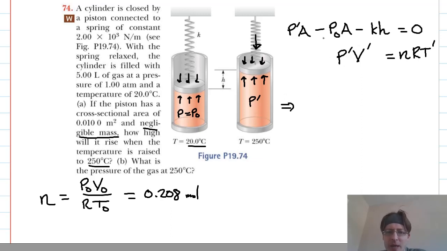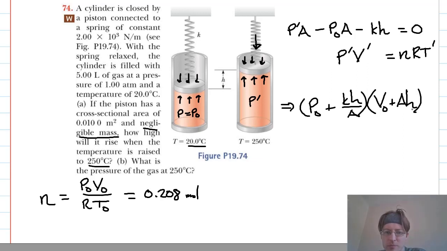P prime, in this case, I really have to divide by A. So P prime is equal to P naught plus KH over A. That's sort of like the pressure of the spring, so to speak. And then that multiplied by the new volume. The new volume is the old one plus A times H, plus the extra cylinder volume, V naught, plus A times H. And that is equal to nRT prime.